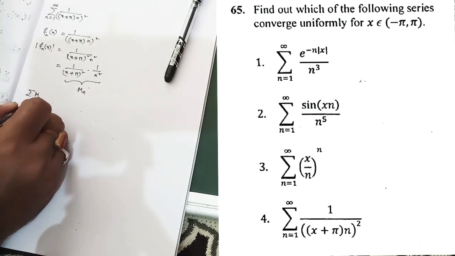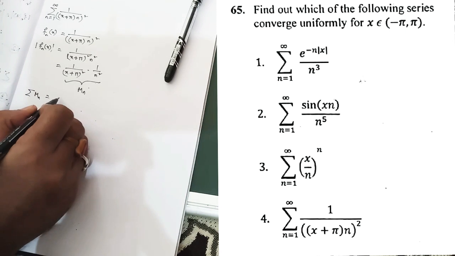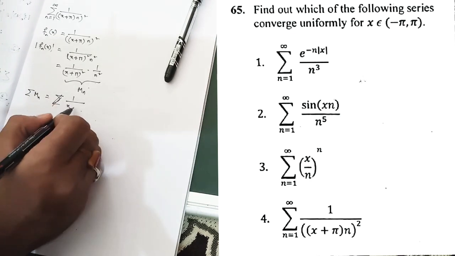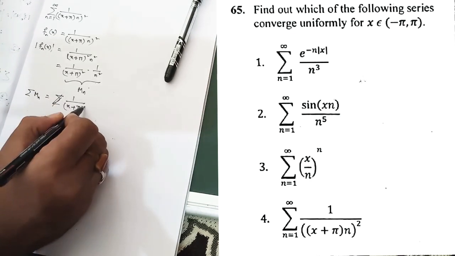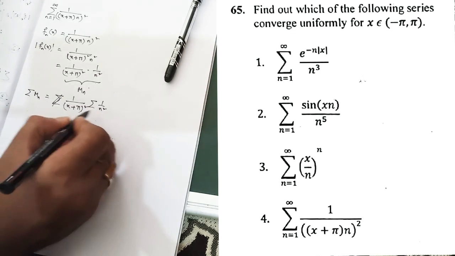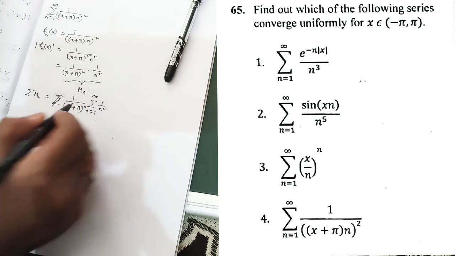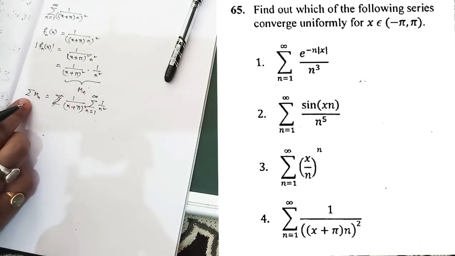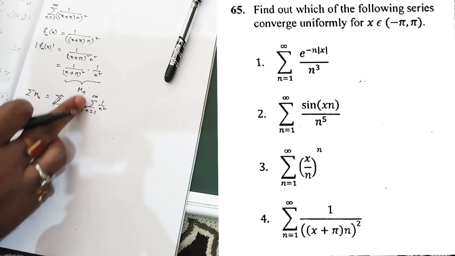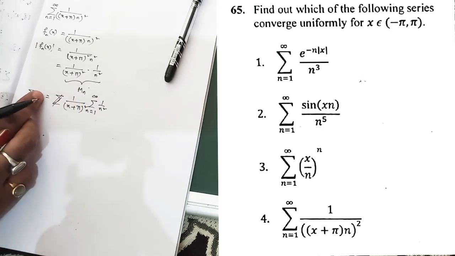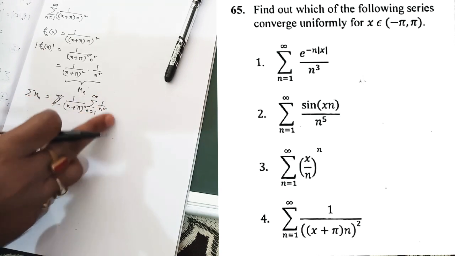In fact you can write it this way. This will come out, as there is no n, and you have this kind of stuff. Clear? Just take the summation on both sides, and this part is independent of n, so it just comes out, and you have this kind of series.